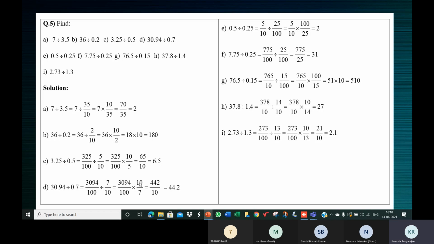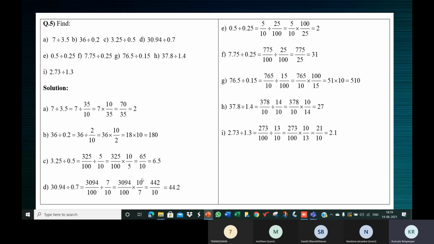You can cancel this in the numerator and this one in the denominator. Now, after that, children, you'll have 3094 by 10. Don't simplify 3094 and 10. Don't lose the denominator 10. Keep 10 as it is. Try to simplify 7 and 3094, and that's how you get 442.